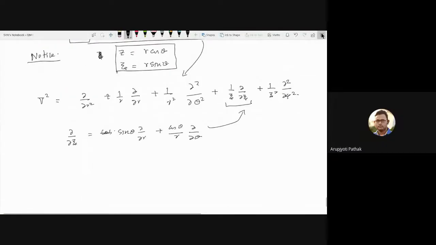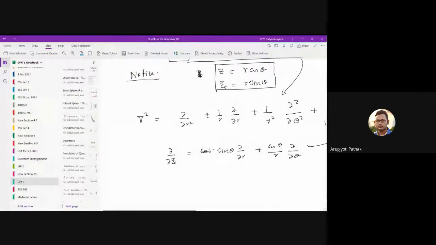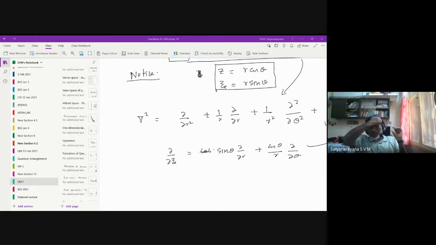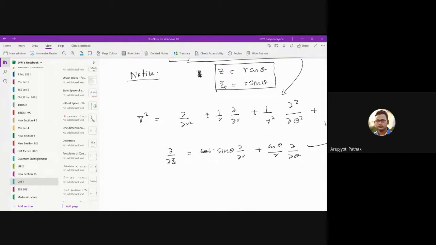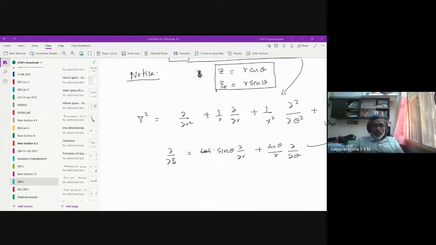Sir, in the triangular problem, in a 1D box, like what Ritish has asked, can we use V equal to modulus of x as a potential energy and then find the Hamiltonian? Yeah, that's correct. So you can try solving the Schrodinger equation for V equal to modulus of x.